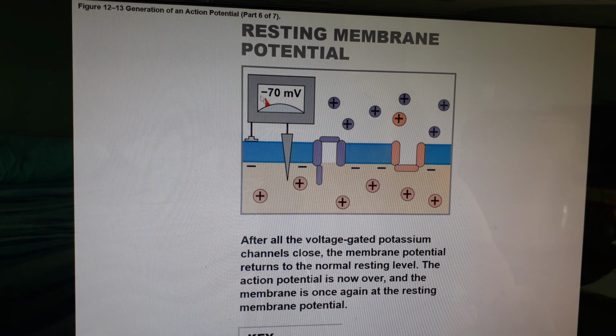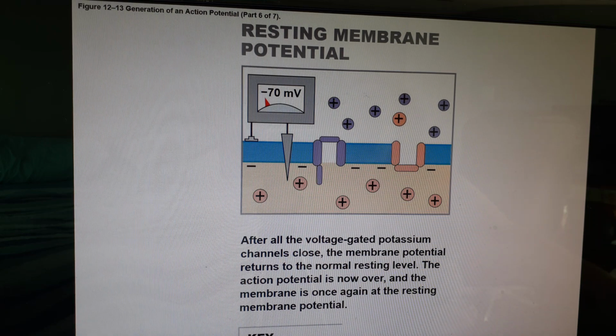Sodium will come in until it reaches positive 30. When it gets to positive 30, this bottom gate will close, and this gate of the potassium channel will open. Since it's positive inside and potassium is crowded inside, it will rush out. That will start taking us from positive 30 down, down, down. We don't close this gate until we go to negative 90. Then we close this gate, and then we get back to resting membrane potential.